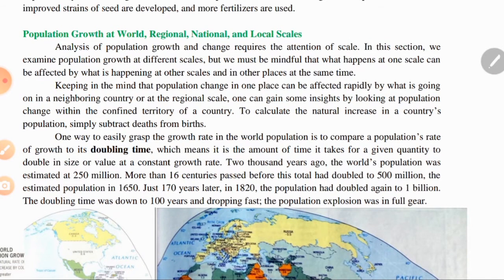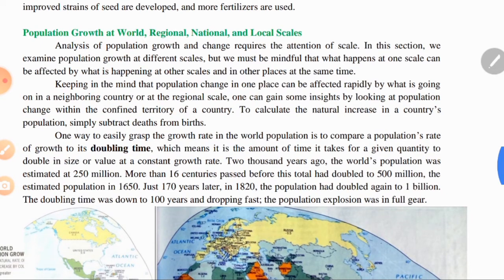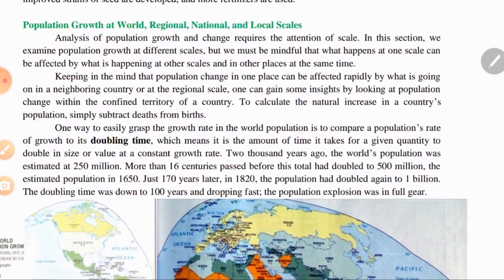Then, population growth at world, regional, national, and local scales. Analysis of population growth and change requires the attention of scale. In this section, we examine population growth at different scales, but we must be mindful that what happens at one scale can be affected by what is happening at other scales and in other places at the same time.